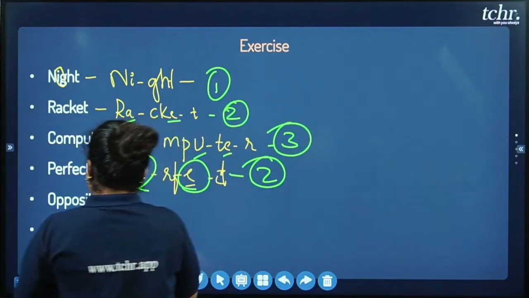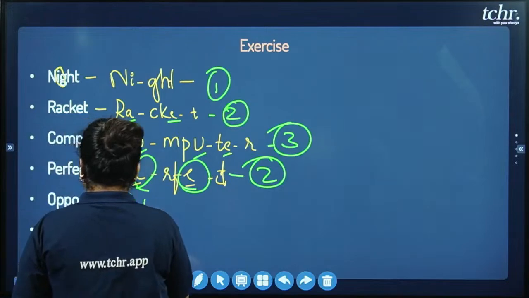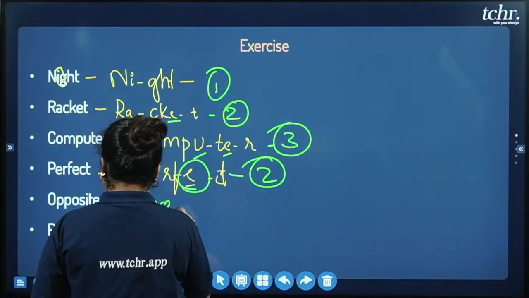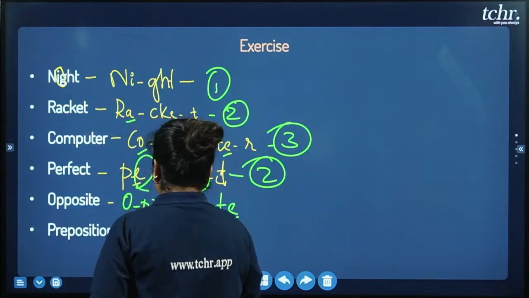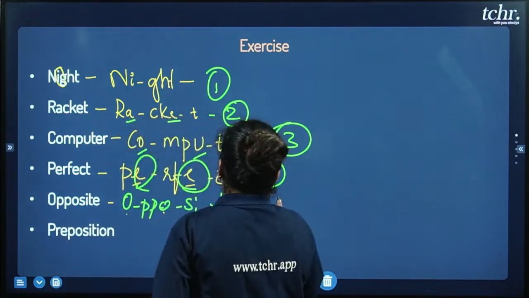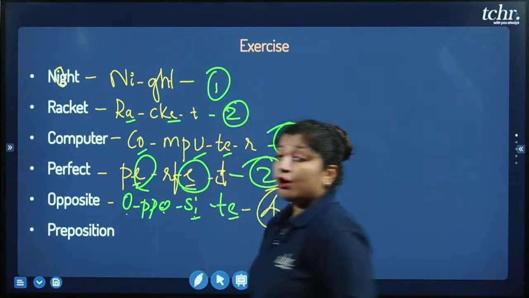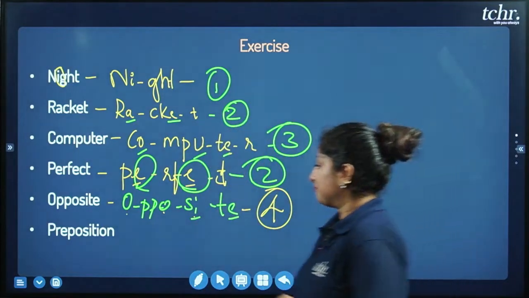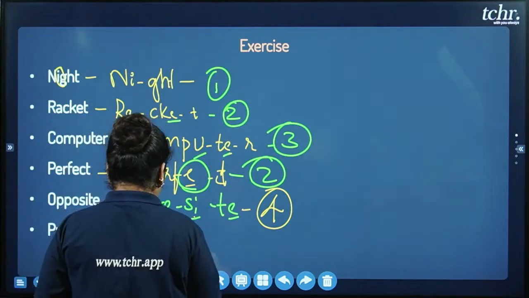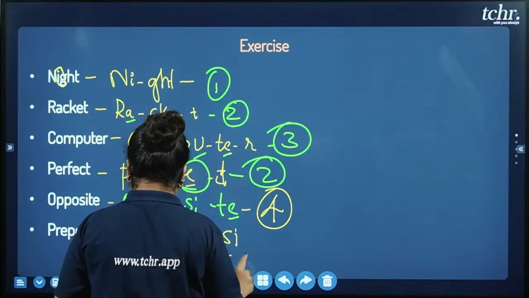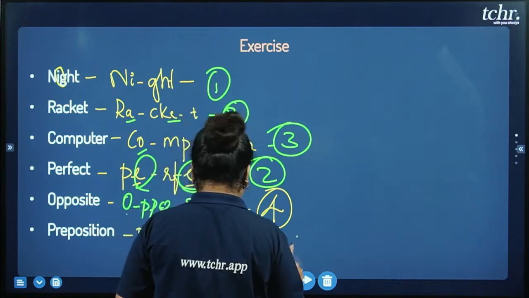Next, oh, look at this. Opposite. How many are there? 1, 2, 3, 4. Opposite has 4 syllables. Next, preposition.